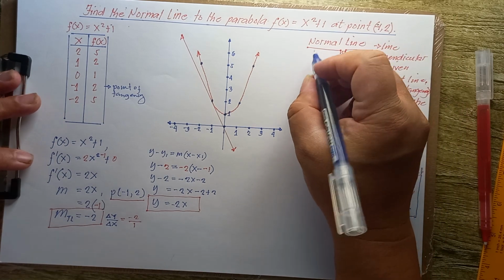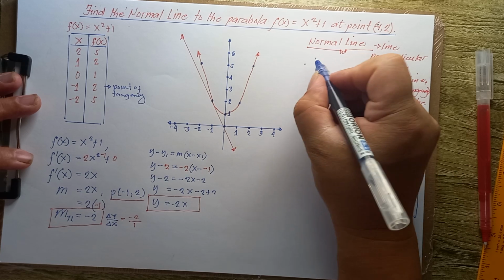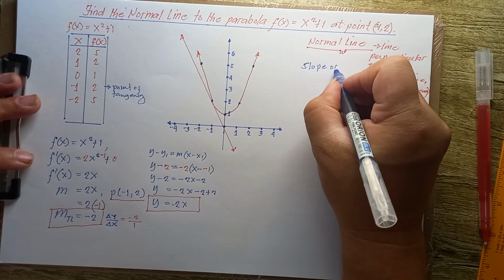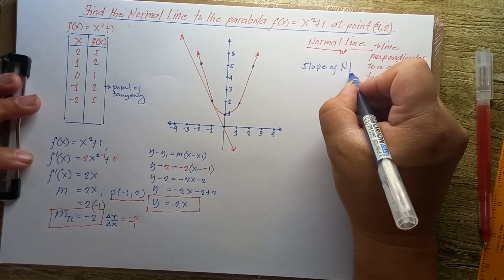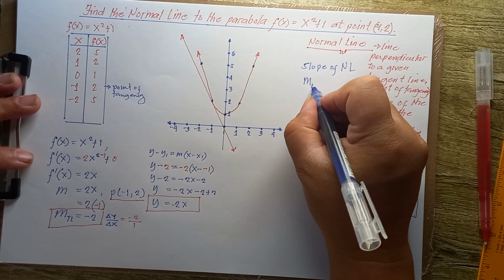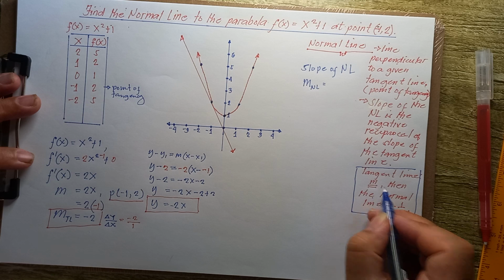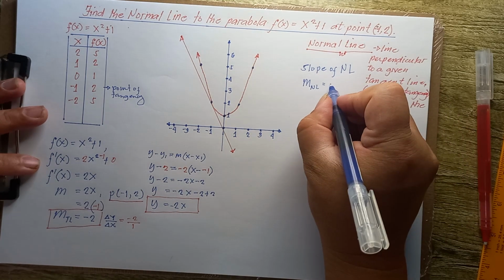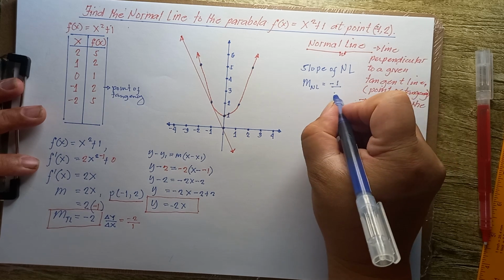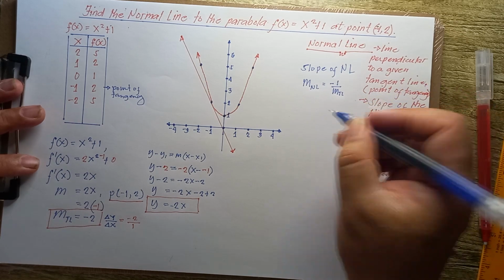So what is the slope of the normal line? The slope of the normal line, okay, let's have this one, slope of normal line, or shall we say m sub nl, okay, is actually the reciprocal of the tangent line. What is the reciprocal? That is the same as negative reciprocal of the slope of the tangent line. So how is that?